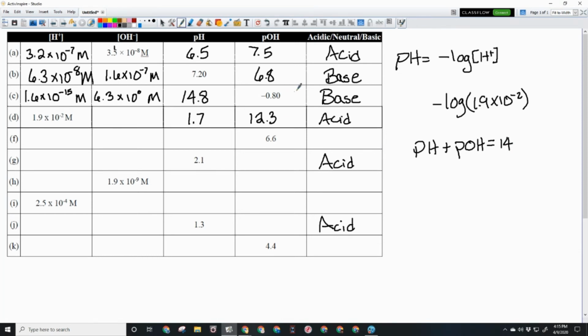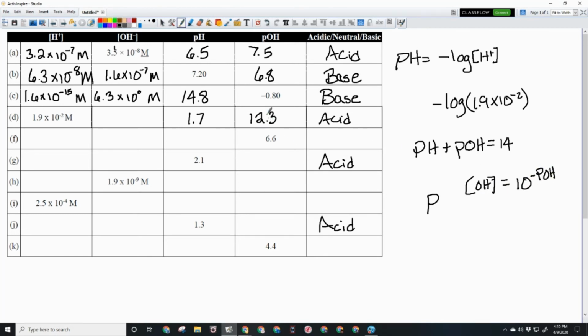All right, so now we can calculate the hydroxide ion concentration. The hydroxide ion concentration is 10 to the negative pOH.